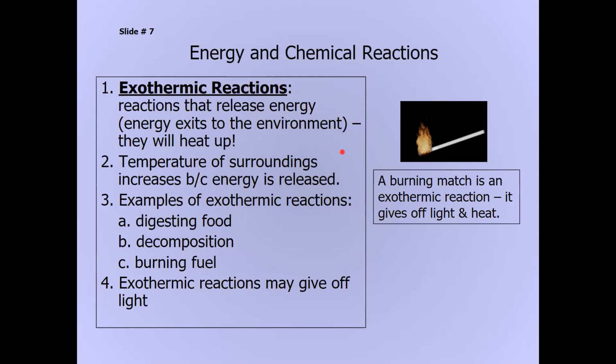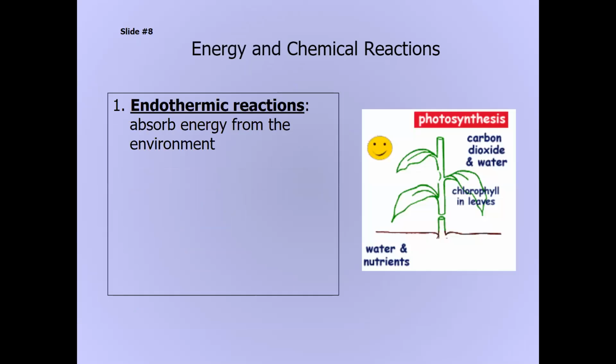On the flip side of that, if you're absorbing energy, that's when you have an endothermic reaction. So endo, again, a Latin prefix meaning like into, going inside. So this is where you absorb energy during the course of the reaction.